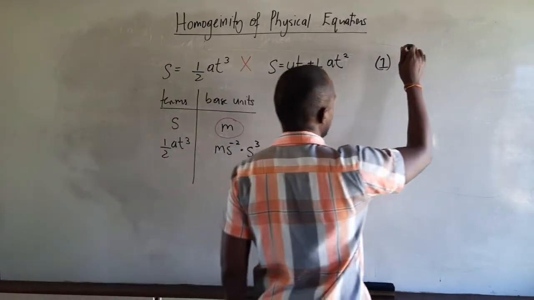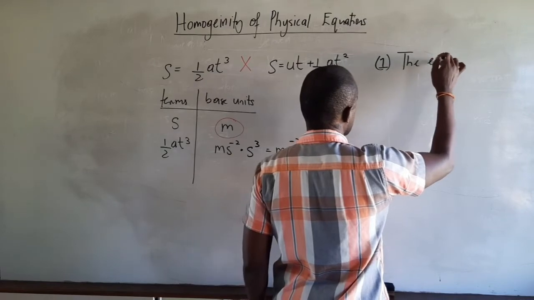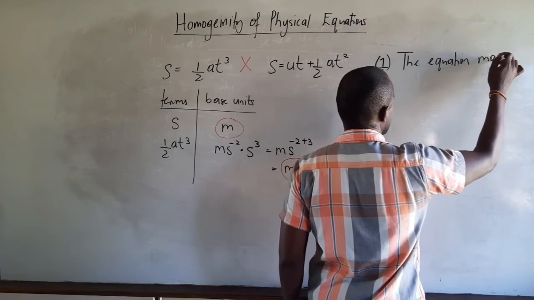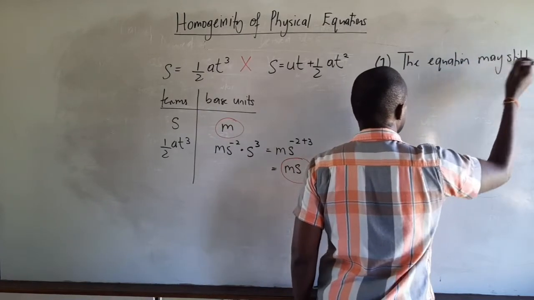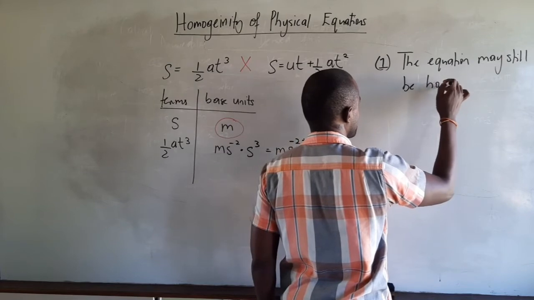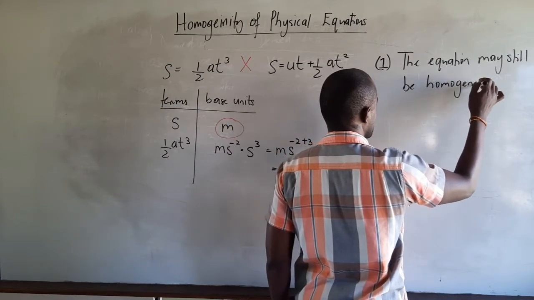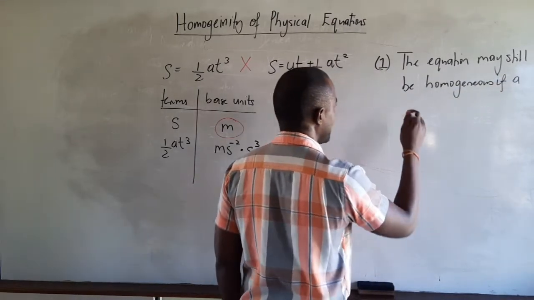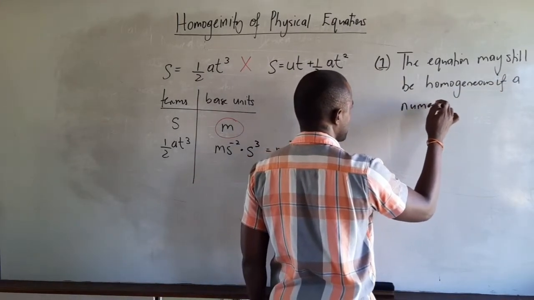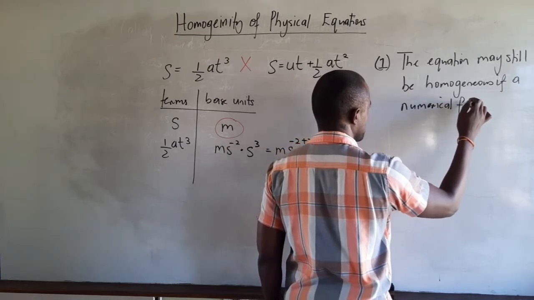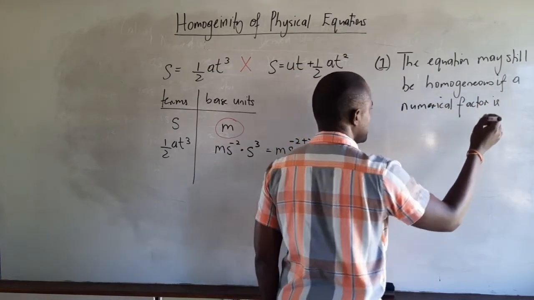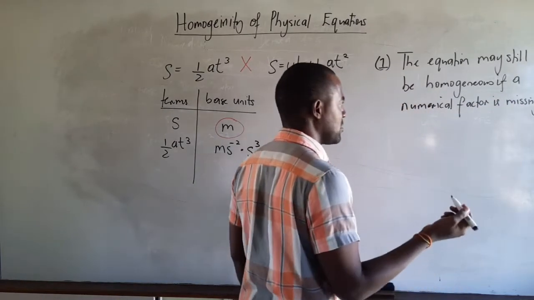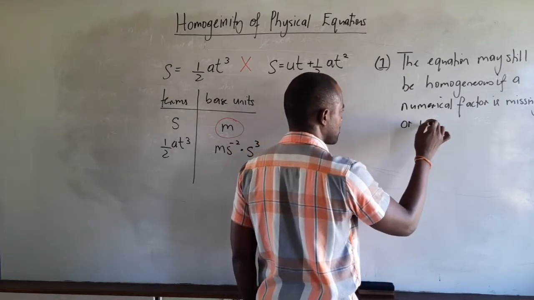The equation may still be homogeneous if a numerical constant or a numerical factor is missing, or wrongly introduced.